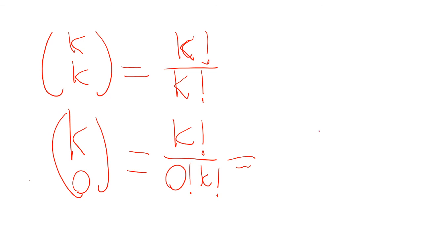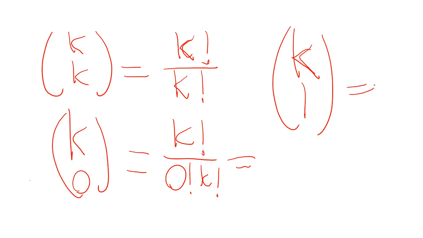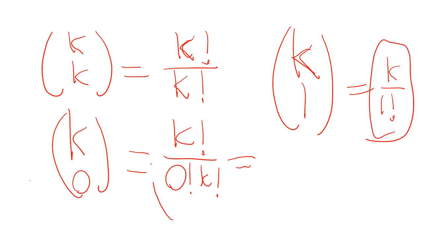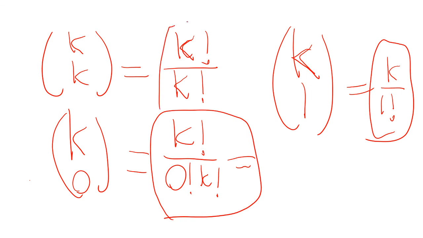And in terms of factorials, k choose 1. Well, in k choose 1, there's no point in writing factorials. We just know that's just going to be k over 1 factorial. So that's the easiest way to write k in terms of factorials.